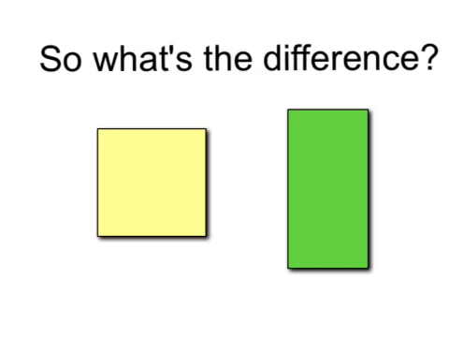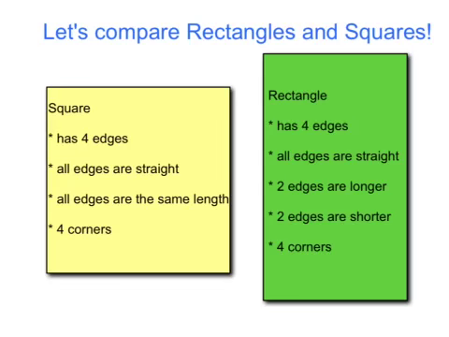So, what's the difference between a square and a rectangle? Well, let's compare. A square has 4 edges, all the edges are straight, all the edges are the same length, and it has 4 corners. A rectangle also has 4 edges, so that's the same.